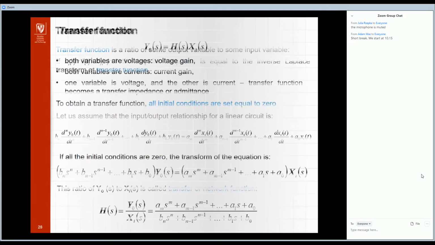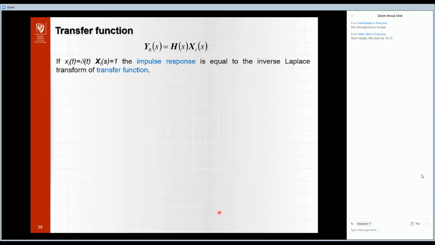Okay, so we know the relation between input and the output is connected. We use the transfer functions. Of course, when we have the delta function on the input, the transformation of delta is equal to 1. So the impulse response is equal to the inverse Laplace transform of the transfer function.